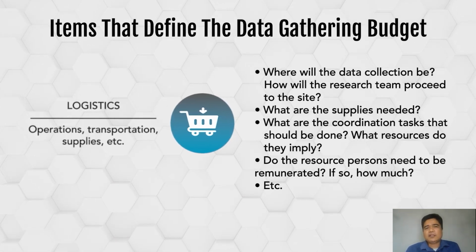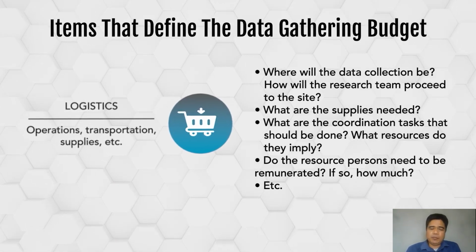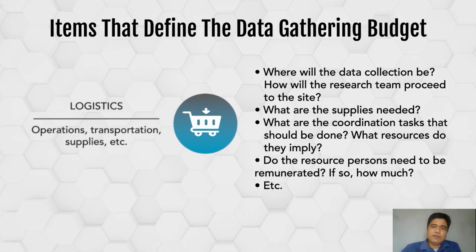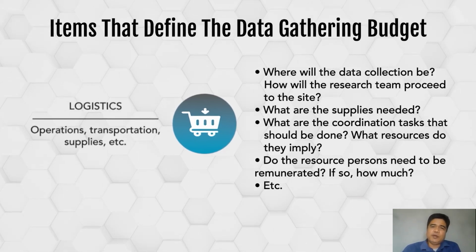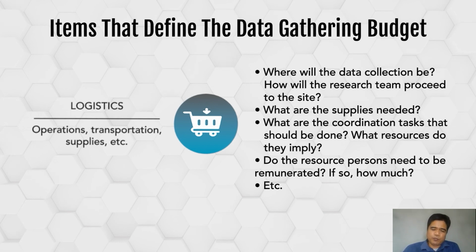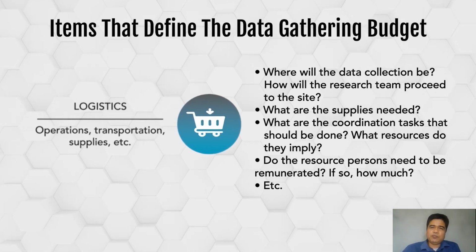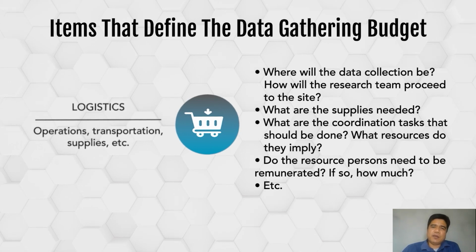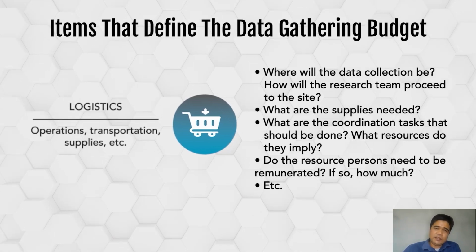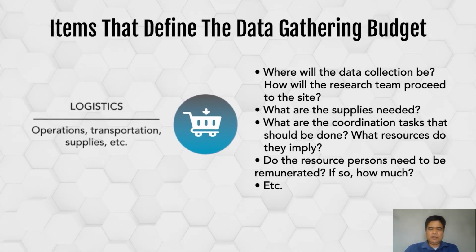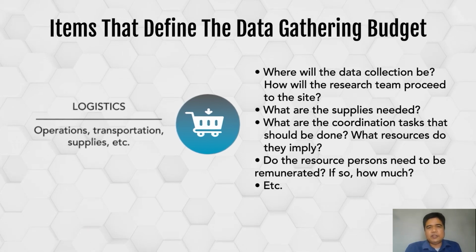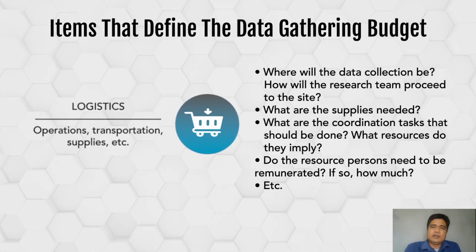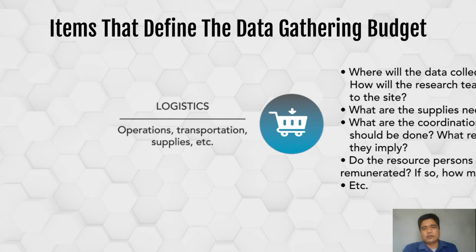Likewise, data collection under the COVID-19 pandemic has different requirements. Enumerators must be equipped with personal protective equipment such as masks and disinfectants. This therefore should be considered in the budget allocation.